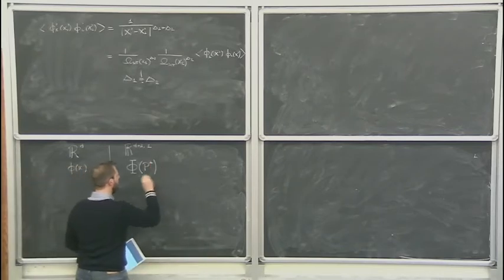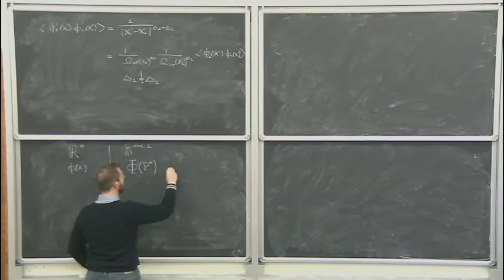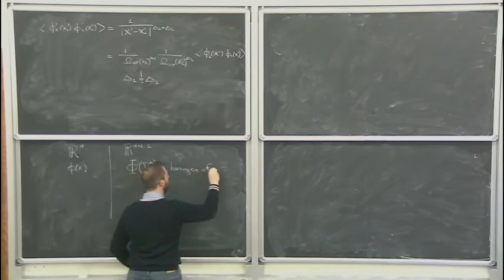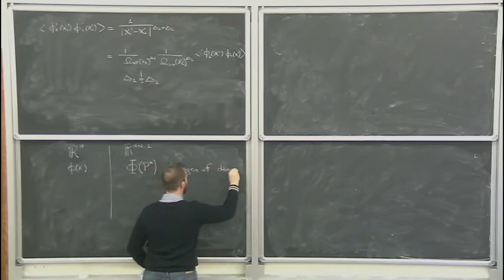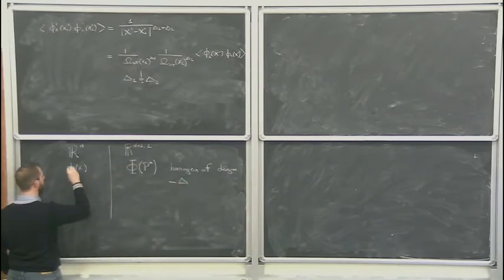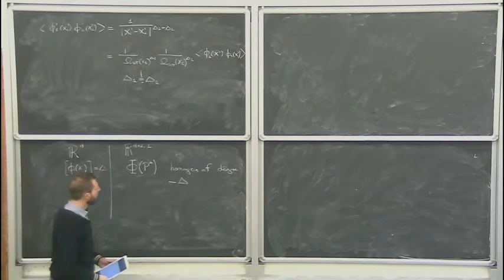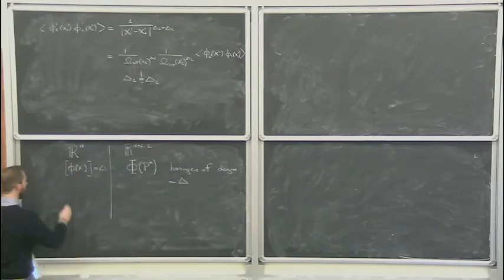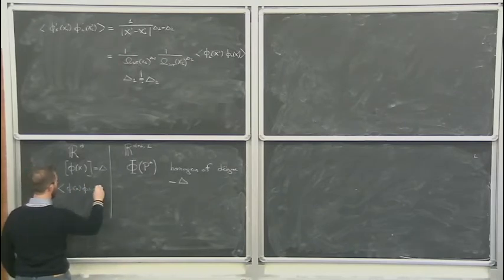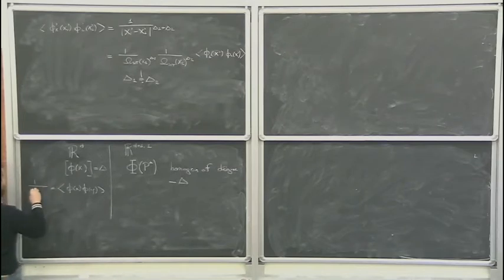And also this is homogeneous of degree minus delta, while this has dimension delta. And now we have seen that the correlation function of phi of X, phi of Y is 1 over |X minus Y| to the power 2 delta.